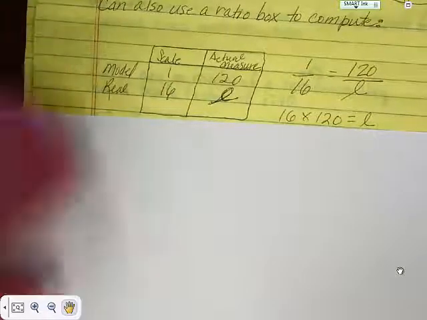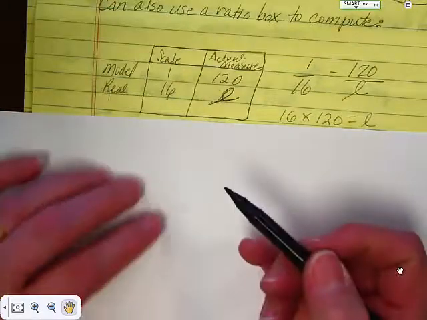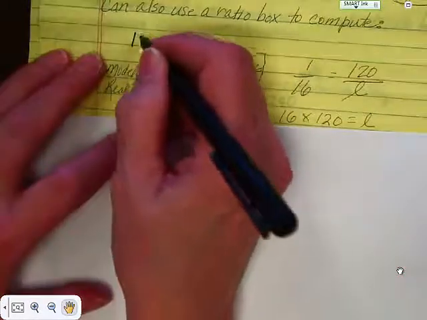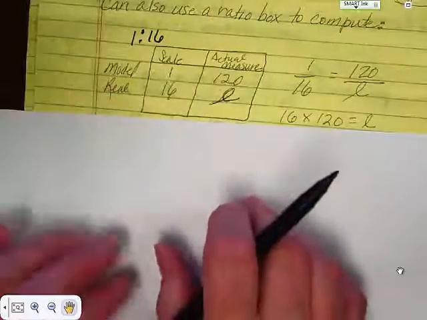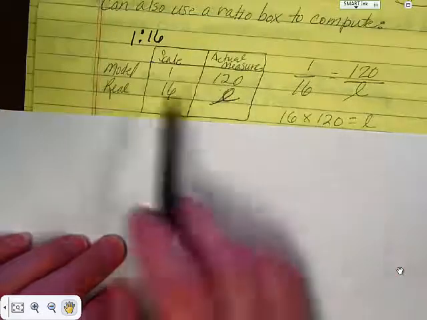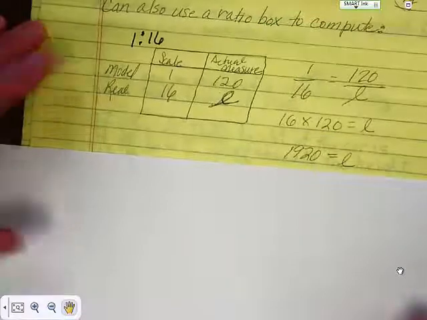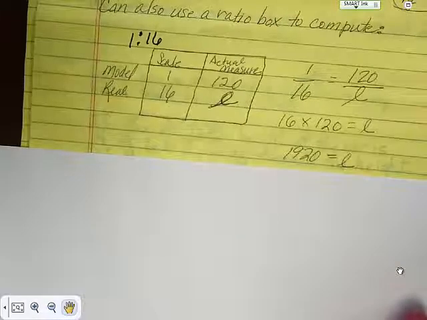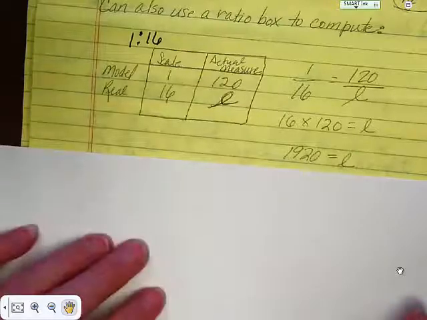Okay, so you have a scale. It's 1 to 16. So actually this would be written as 1:16. Okay, and we know that the model measurement is 120. What is the real measurement? So this is how we actually could compute the length of the train using a ratio box.